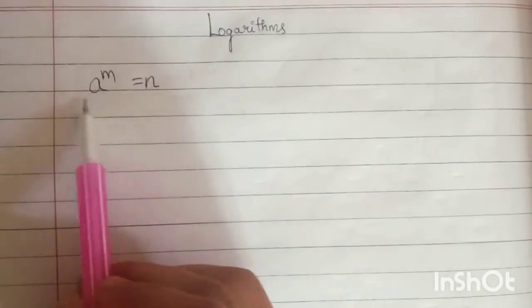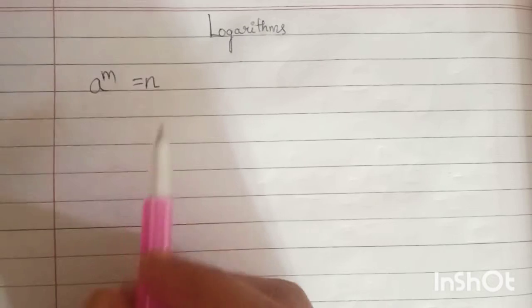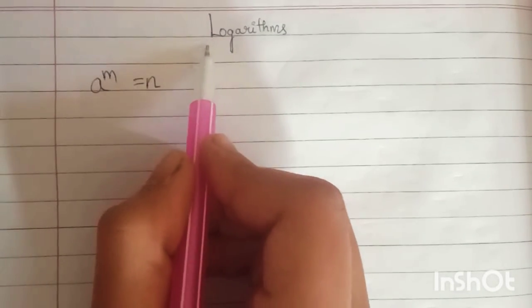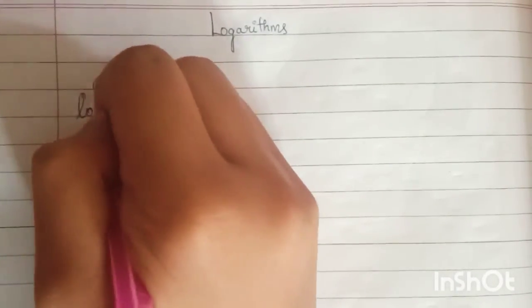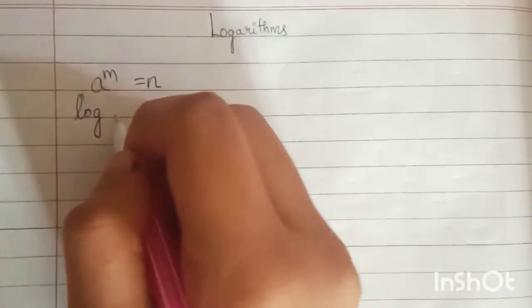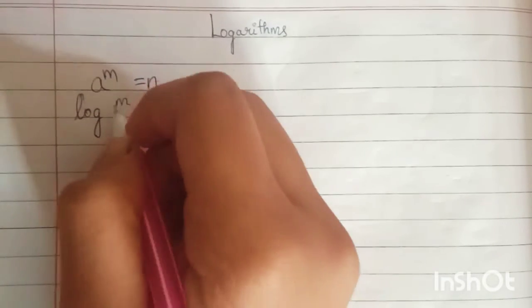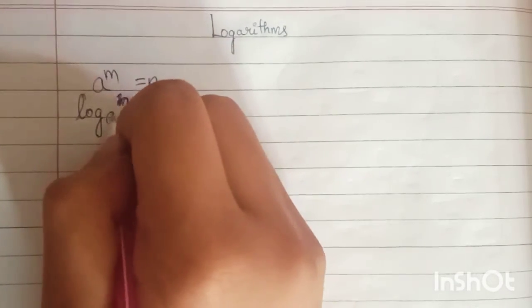Now, if I have something in exponential form like this, a power m is equal to n, the standard form of writing it in logarithm is log n to the base a is equal to m.